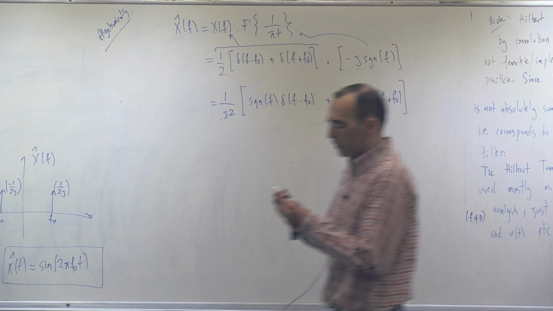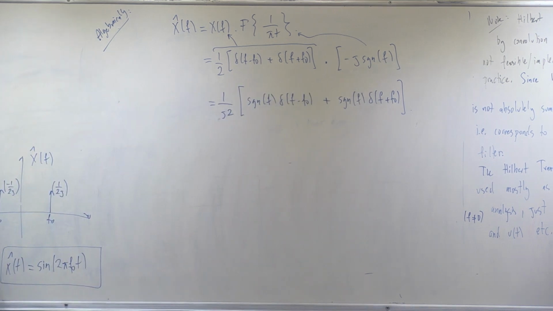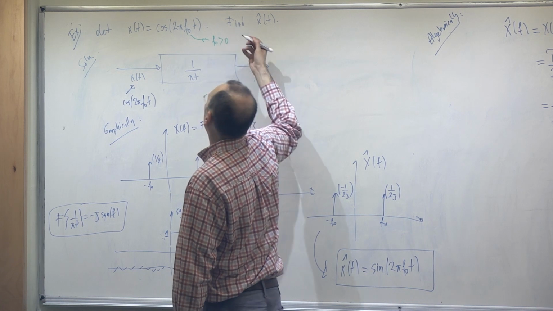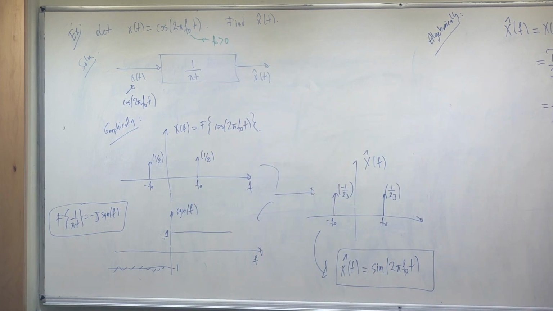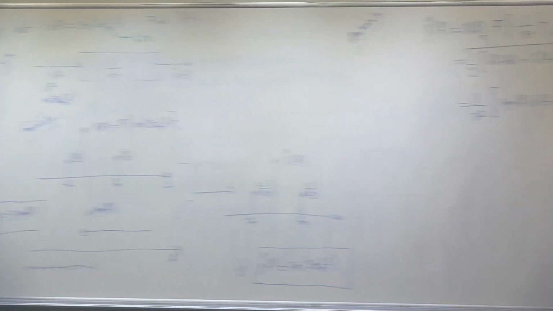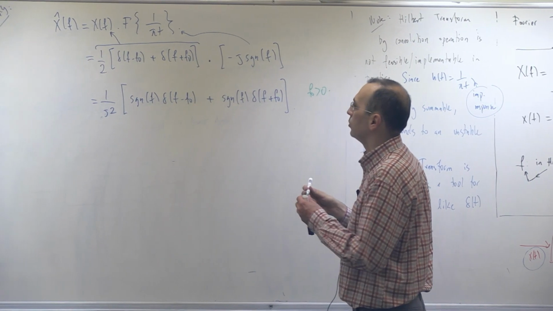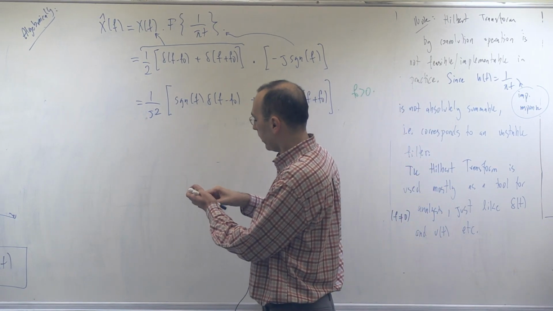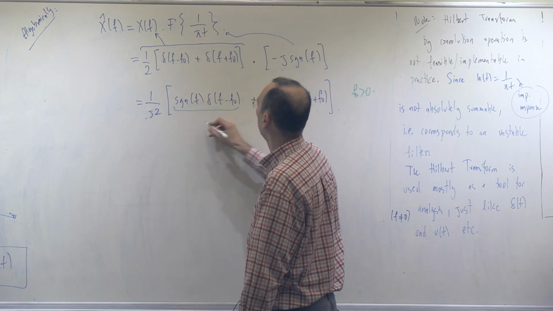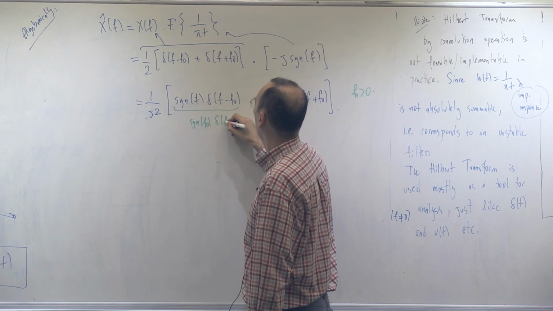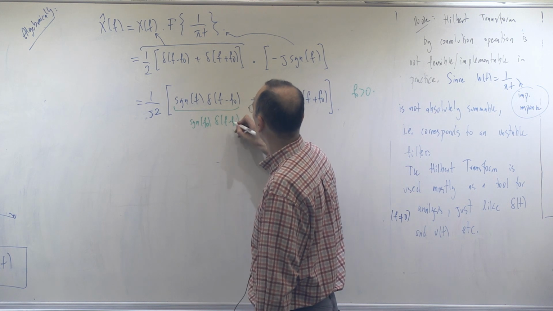Let's assume, it doesn't make much difference because of this cosine, that f naught is greater than 0. It can be negative, doesn't matter for the cosine, as you see. The reason is, at the end of this multiplication, what do I have? Signum f naught delta f minus f naught.